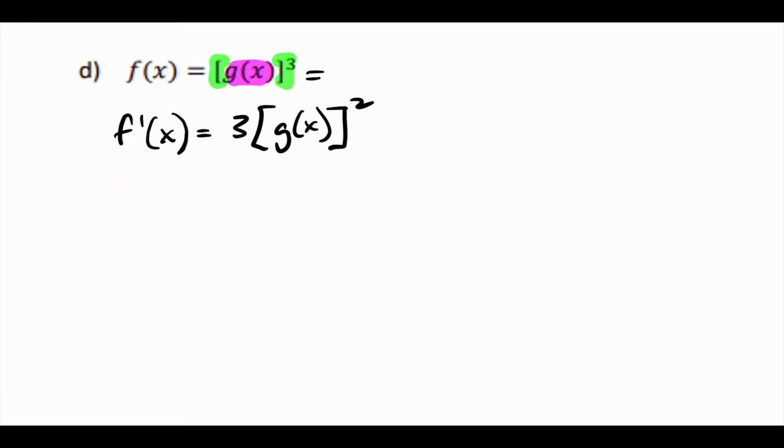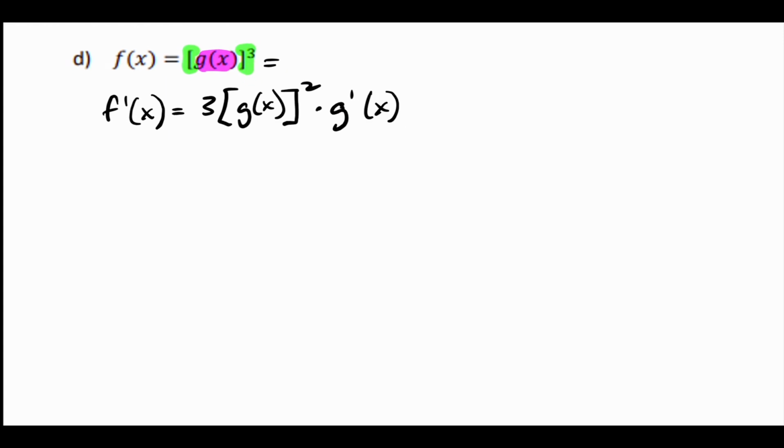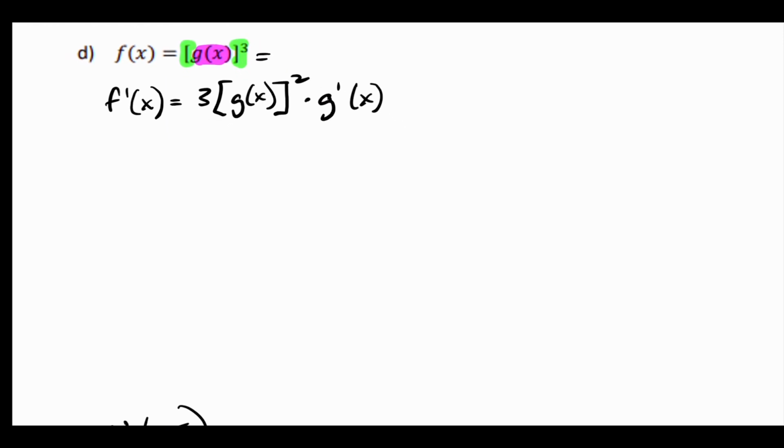That's the derivative of the green. Now find the derivative of the inside, g prime of x. Okay, that's the derivative. Plug in 5 everywhere you see an x.